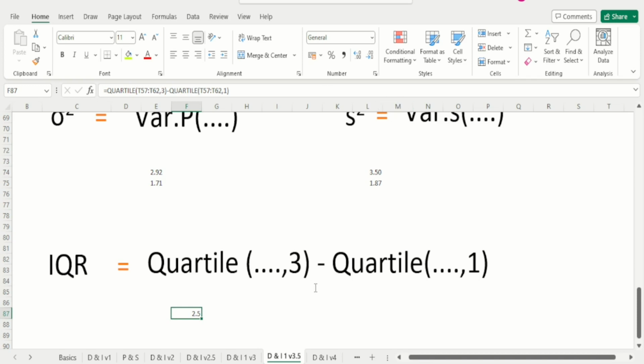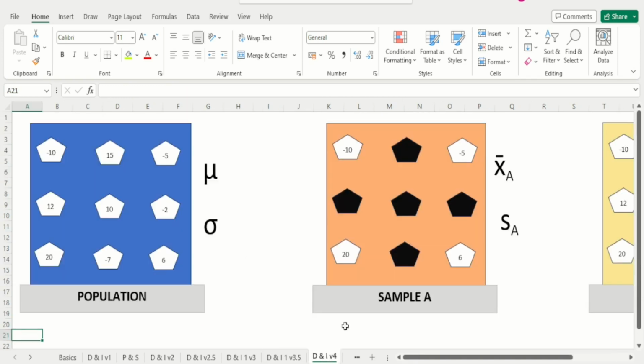Okay. All right. Moving on from this to the next one. This is again a simple visual representation. Remember, what you have on the left side is the population. Remember, when you're trying to describe the population, it's called the parameter. The variables are the parameters. So in this case, mu is a parameter for the average, and sigma is a parameter for the standard deviation. Sigma square would be the parameter as in variance for the population.